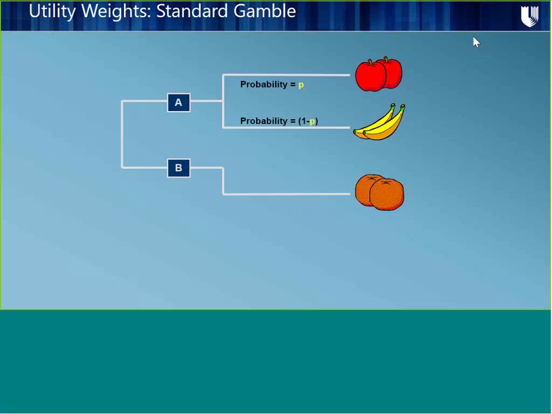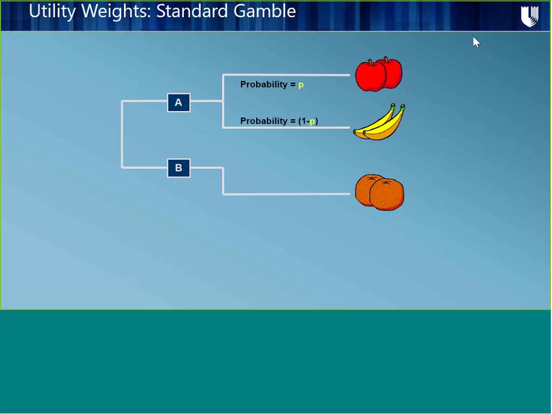And standard gamble, which is a way of quantifying utility weights, requires that respondents identify a probability P that makes them indifferent between a lottery between apples and bananas or getting oranges with certainty. So they have to give you a P for the value of that lottery that would make them indifferent between the lottery itself and getting oranges for free.